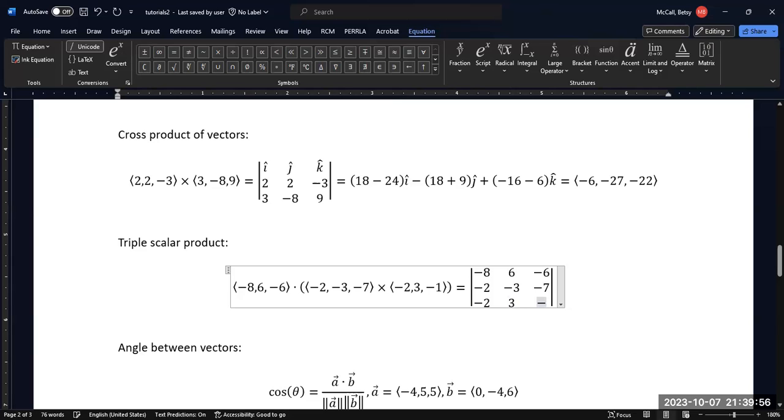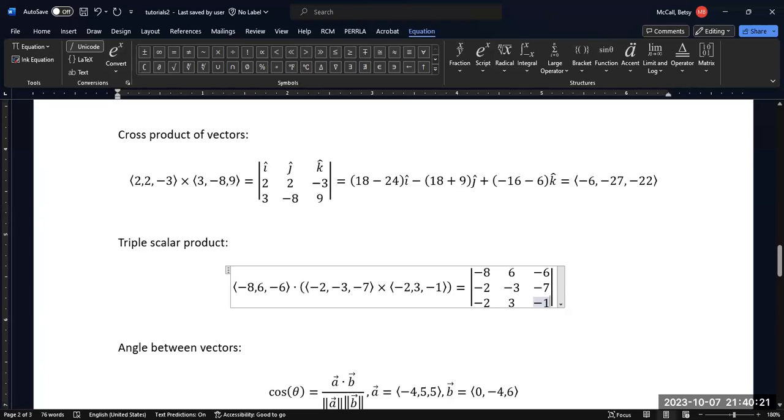conceivably, if you reorder these vectors, you will get the same answer, but you will get potentially a change in sign. Where we tend to use the triple scalar product is for the volume of a parallelepiped or for a pyramid. Then you want to make the magnitude that you get positive, so take the absolute value of it.